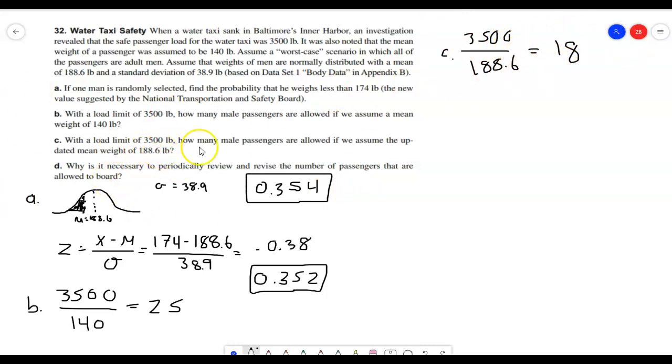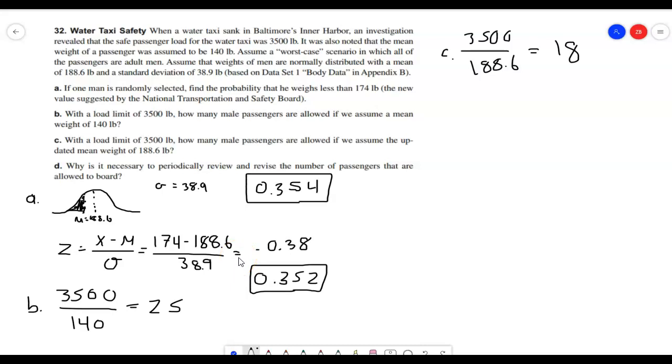So yep, that's it. And then D, why is it necessary to periodically review and revise the number of passengers that are allowed to board? Because 140 pounds is nowhere close to what the average weight is right now. And the fact is, especially in a lot of places, humans are getting heavier.